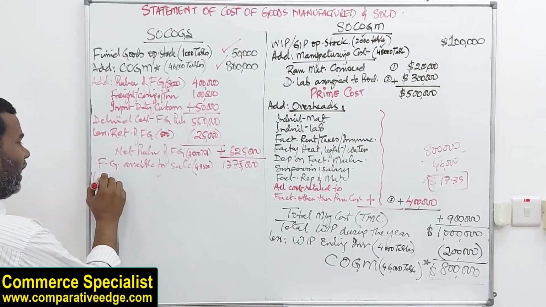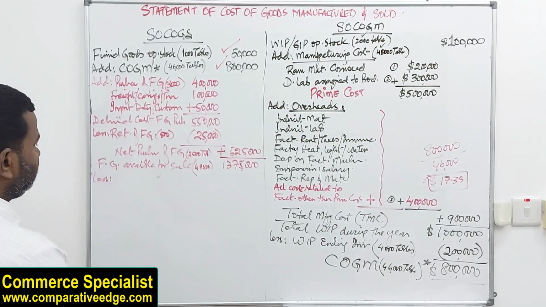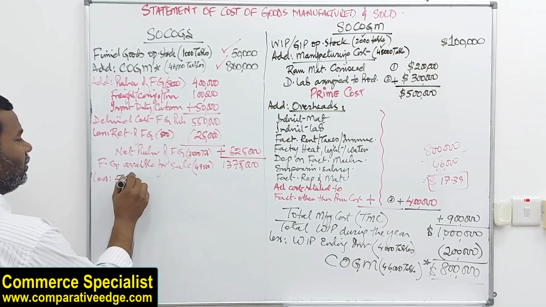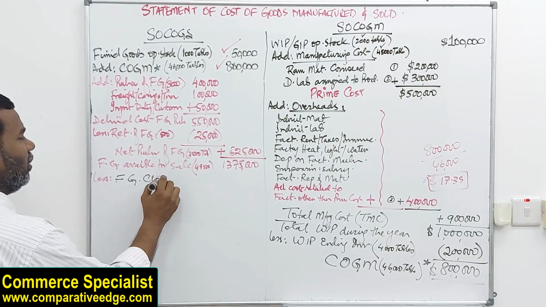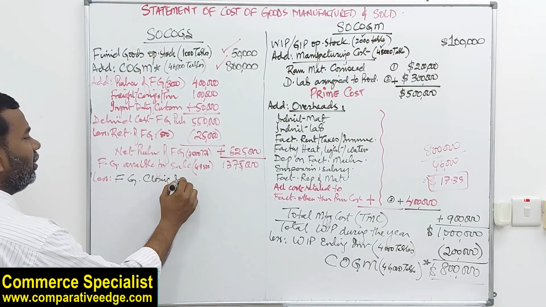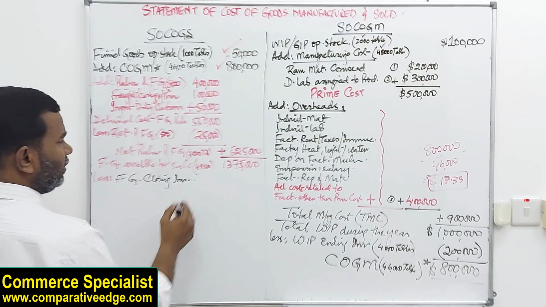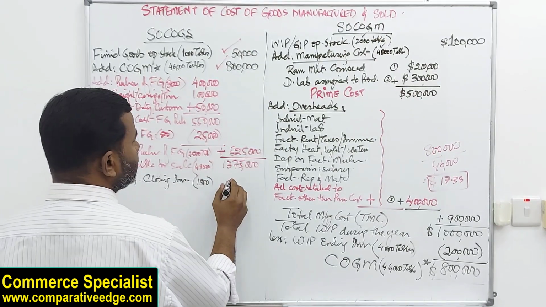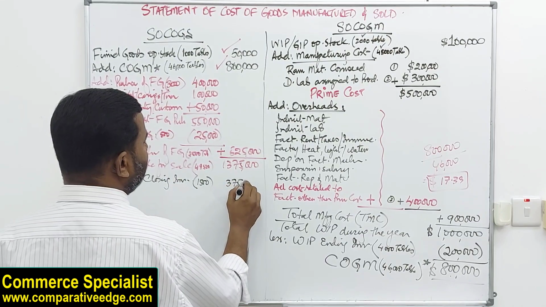And if I tell you at the end of the year, your finished goods closing stock or ending inventory or closing inventory, whatever you call, you're left with 1,500 tables, which cost 375,000.